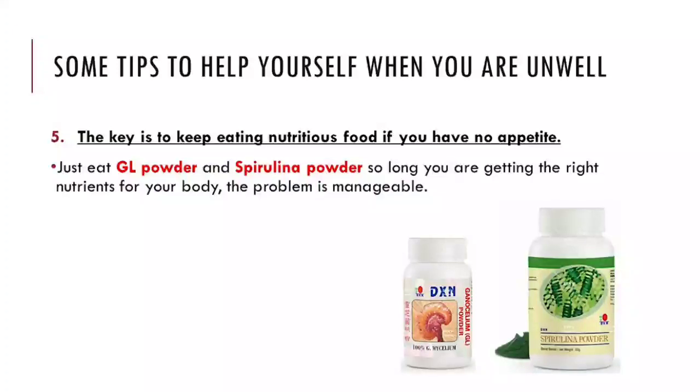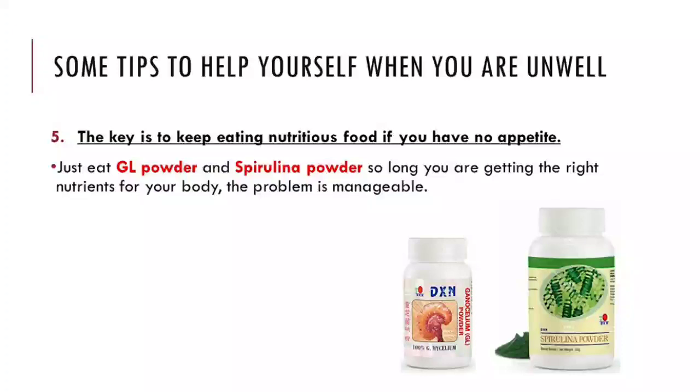If we are not well, you can stop eating, but try to get the most nutritious food that you find in DXN. As I told you, GL powder contains more than 400 kinds of phytonutrients. Spirulina powder, they are the best combination, most nutritious food for you to choose.